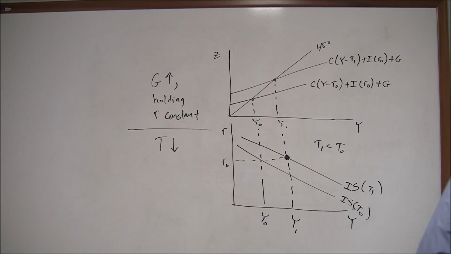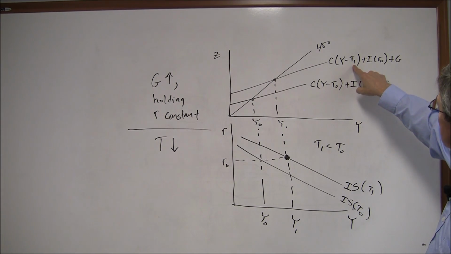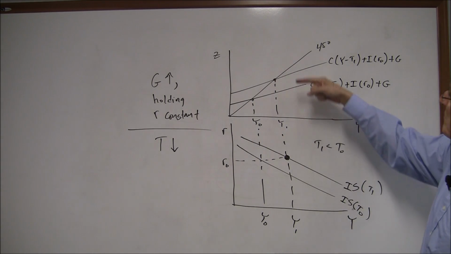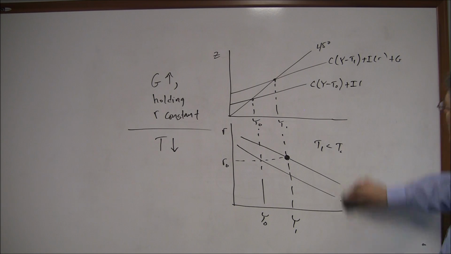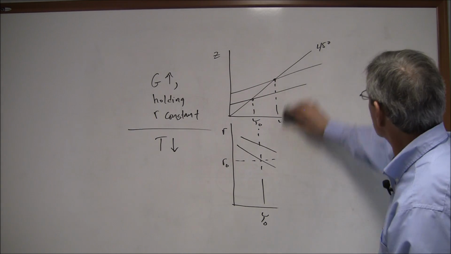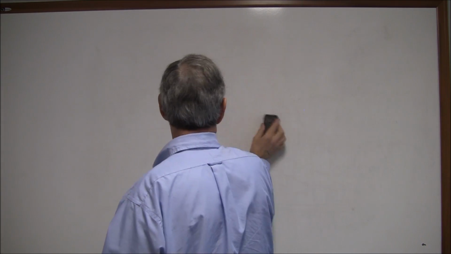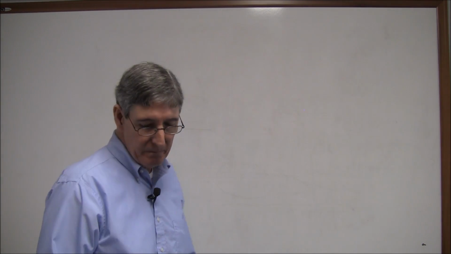And the opposite, of course, would shift the IS curve in. If this had been T0 and this had been T1 and taxes had gone up, we would shift back the other way. And so it works in both directions. So that's the IS curve in terms of how to drive it and what makes it shift. And we'll be using some examples of that once we get the LM curve in.